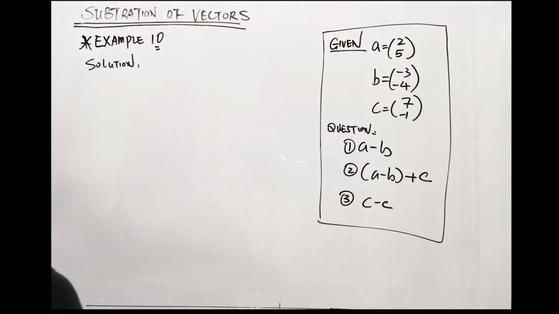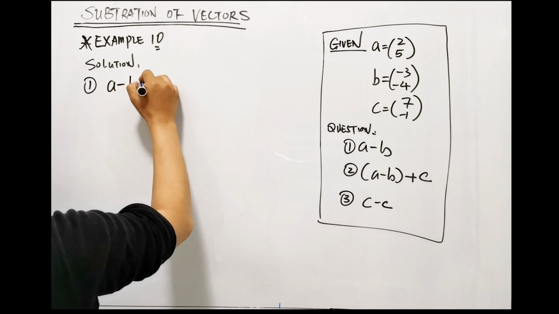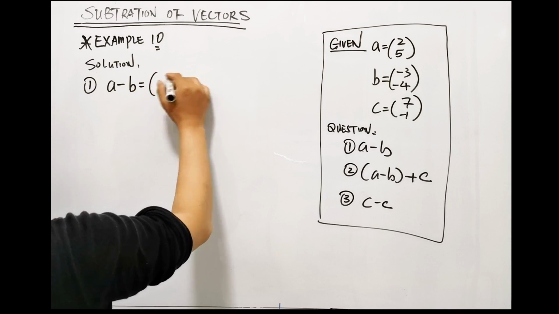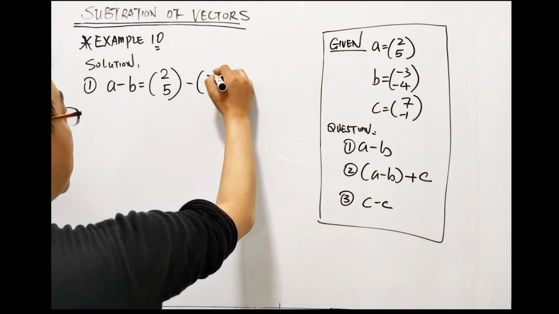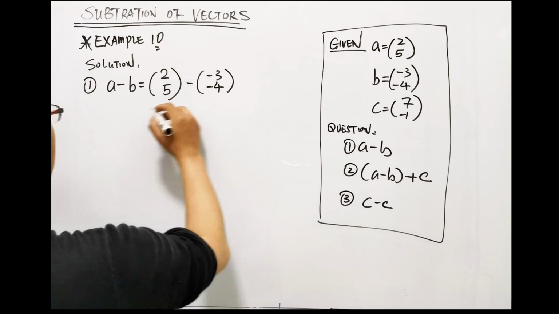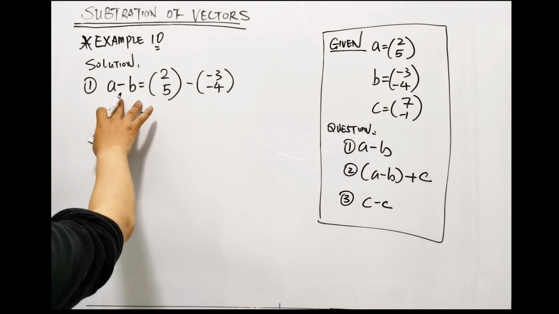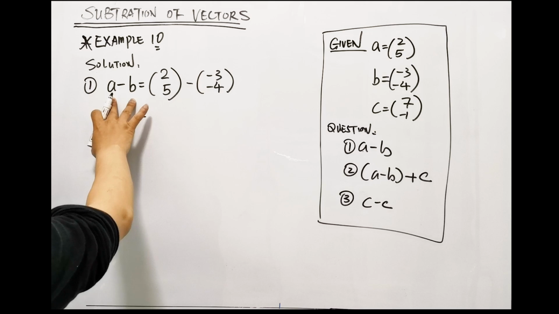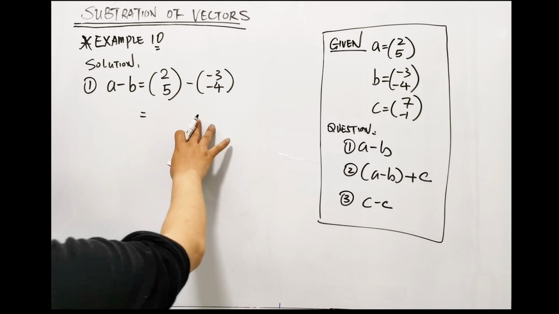Okay, let's see the first one. First one is A minus B. If this is the case, we know A is 2, 5, and minus B is minus 3, minus 4, right? In the last class, we know that when two vectors subtract each other, we just subtract the x component and the y component.